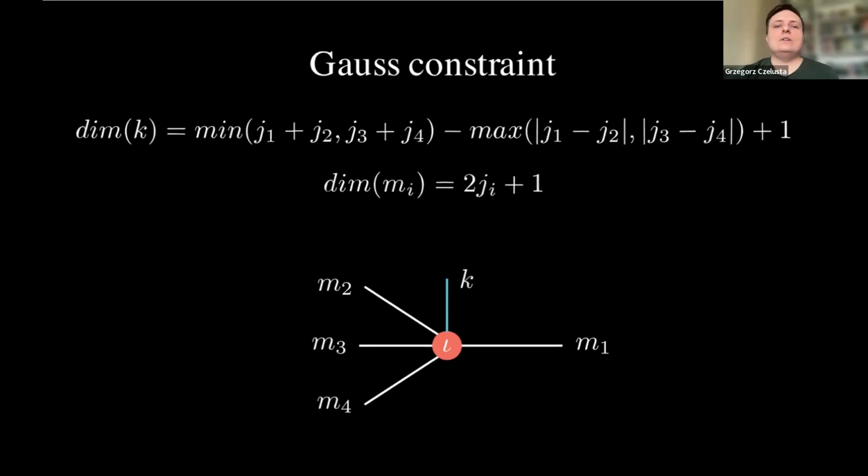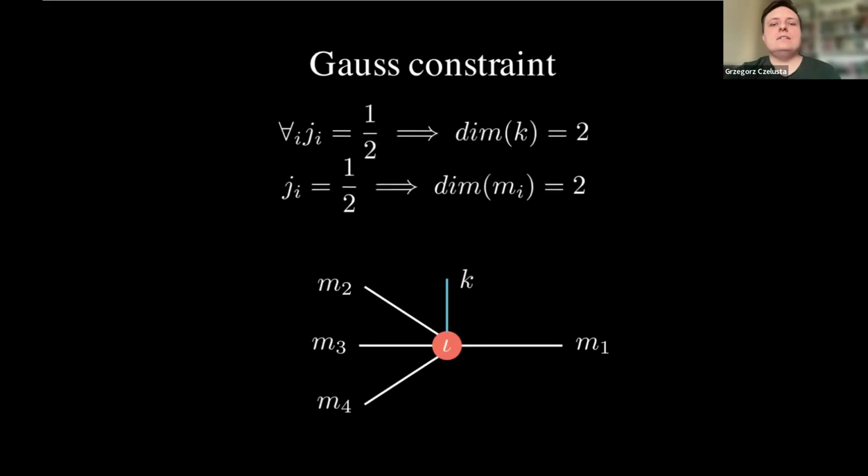And when we focus on our special case of 4 spins 1/2, we obtain exactly a two-dimensional vertex space. So this is why this case is particularly attractive from the point of view of quantum simulations, because both the spin degrees of freedom living on links and the gauge invariant degrees of freedom at vertices can be encoded using qubits.